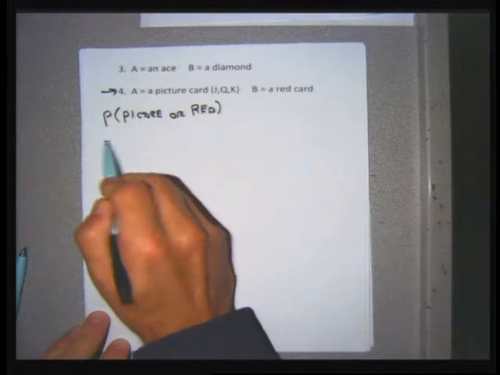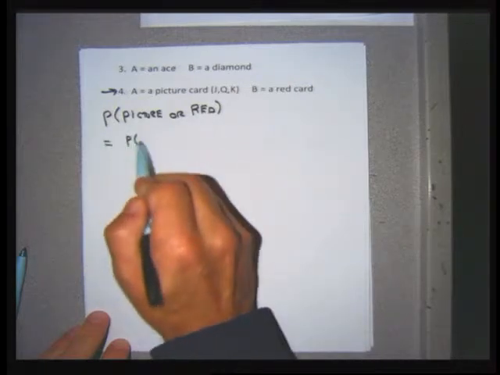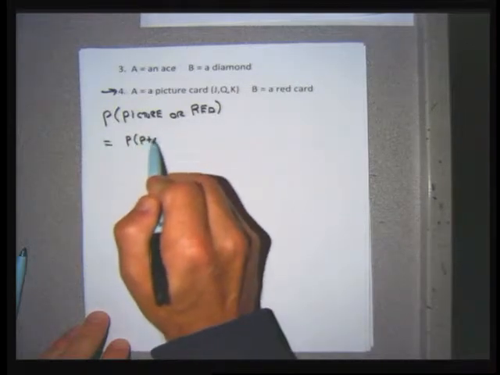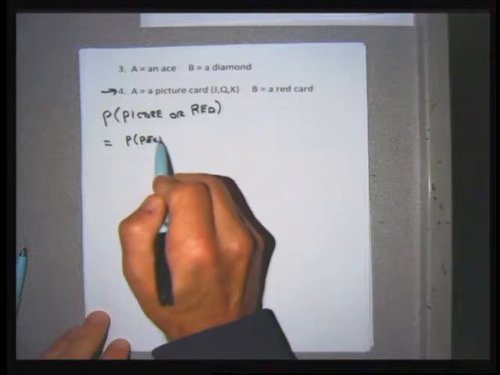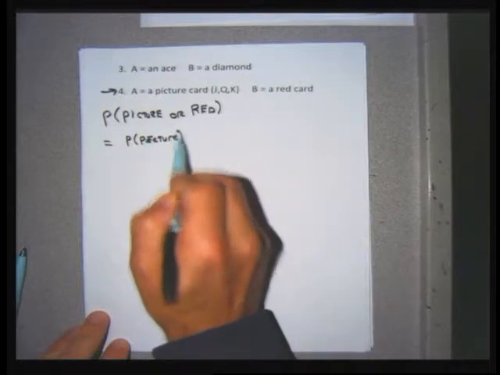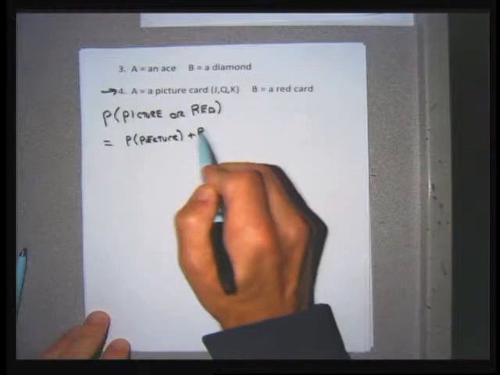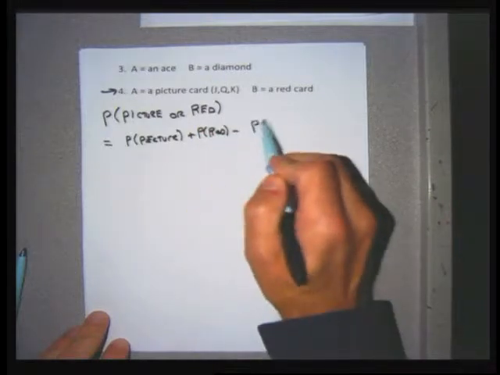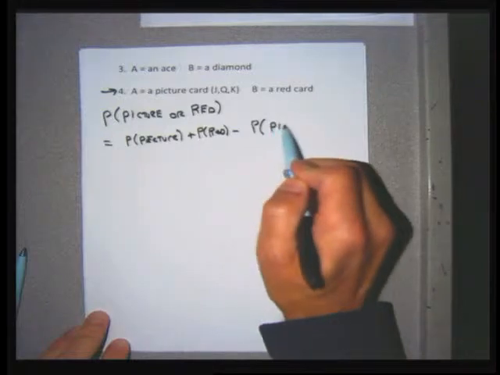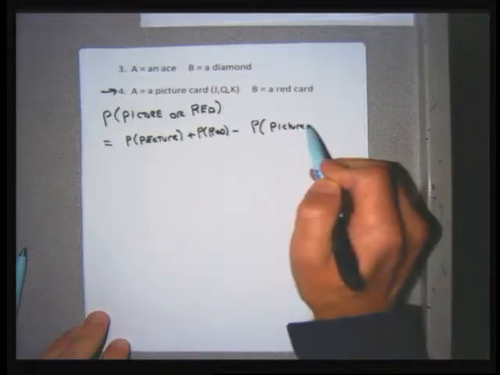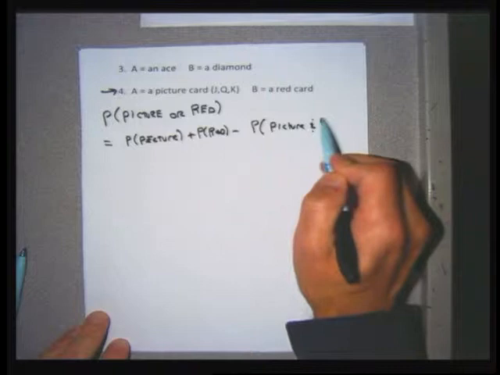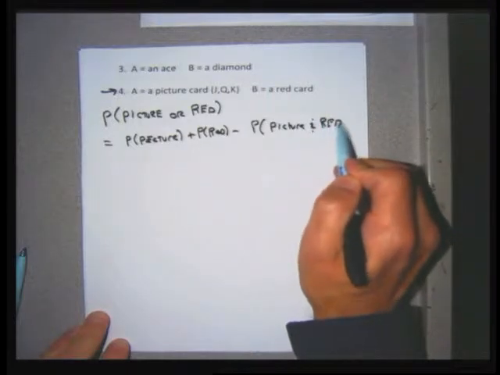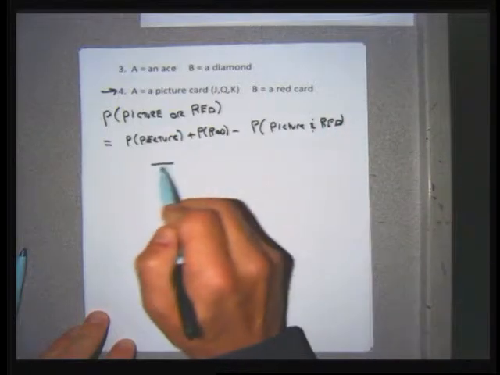And that's going to equal the probability of getting a picture card plus the probability of getting a red card less the probability of getting a card that's both a picture card and red simultaneously. So I'm going to do 3 probability computations.